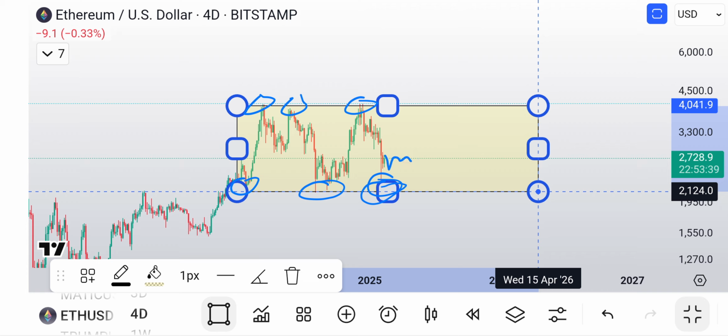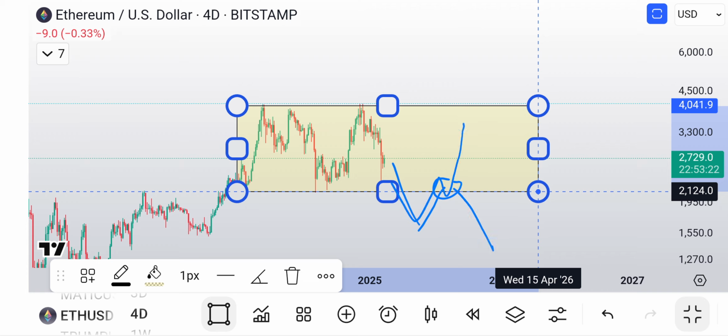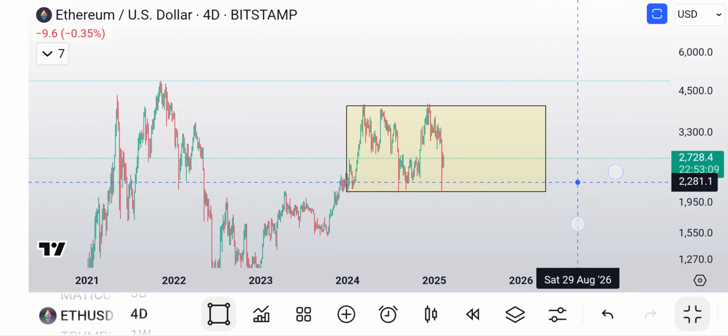We'll see. But eventually we want to see it get back to the top and challenge the top. So we're just looking for the range. Now, if we break below the range, we want to see if we can retest it as resistance or break through it and get back above it, because that would be the big pivot right there. If we break below and retest it as resistance, then that's not going to be good at all, at least for a little while until things play out.